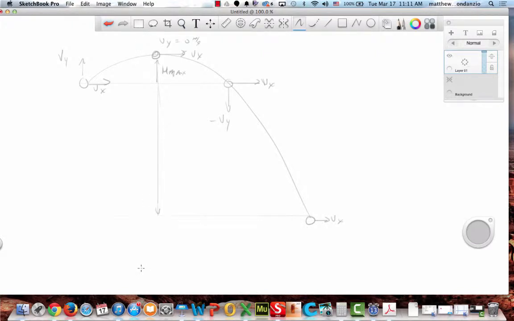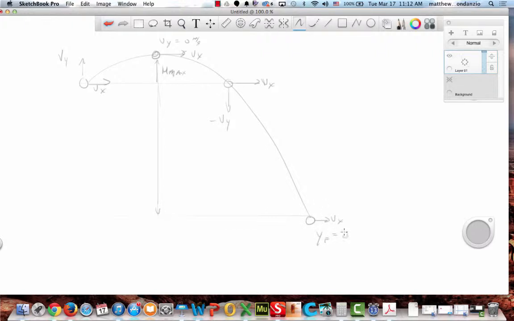So here's the thing. I know certain things. Some positions give me certain information. I know my vertical velocity up here. I know my vertical velocity here if I know my initial. I know that this is the maximum. I know what my final position is here. What's my final position?